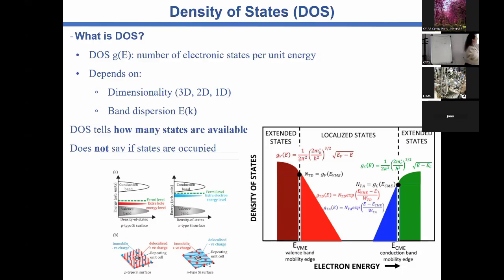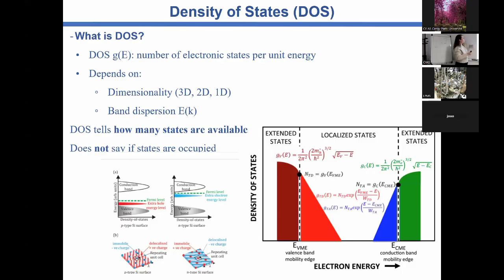So we have the number of states that are allowed for our electron to be filled, and we will also have this number of states in terms of the atomic position of the material. So it will depend if we are analyzing one dimension, two dimensions, or three dimensions.